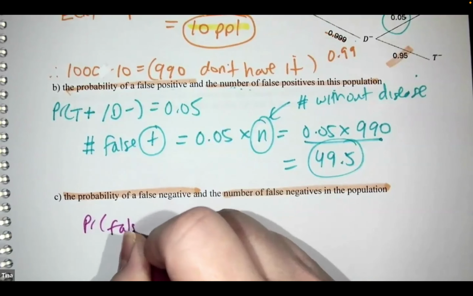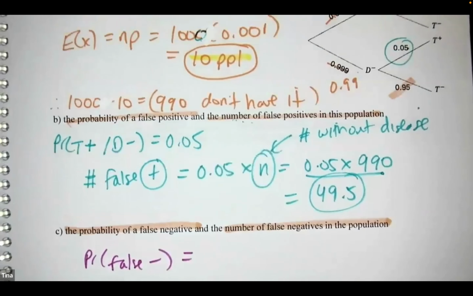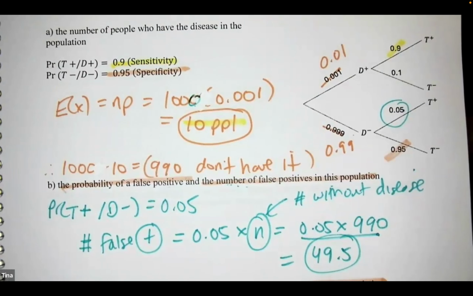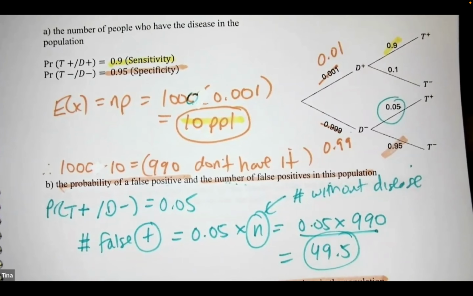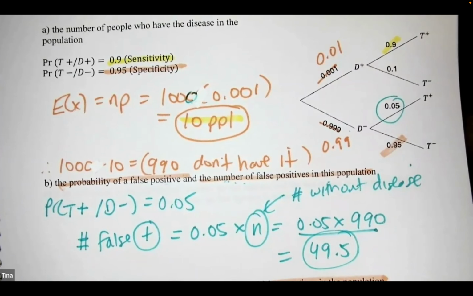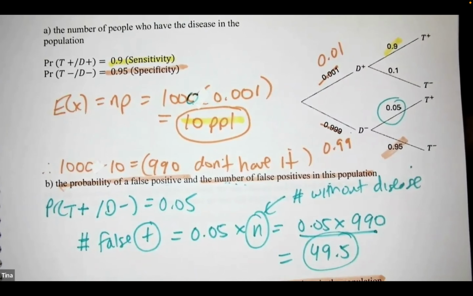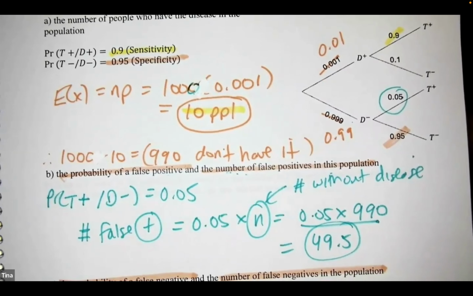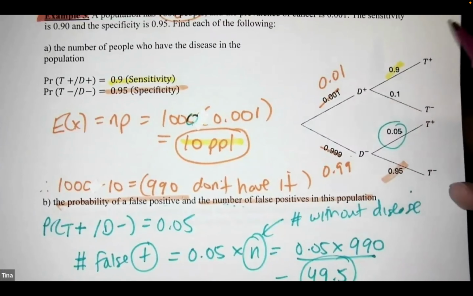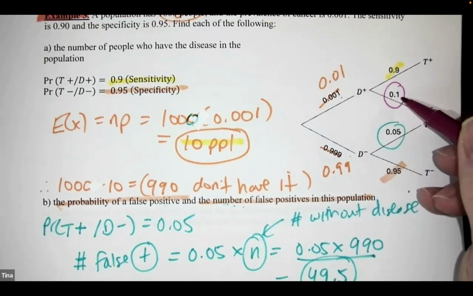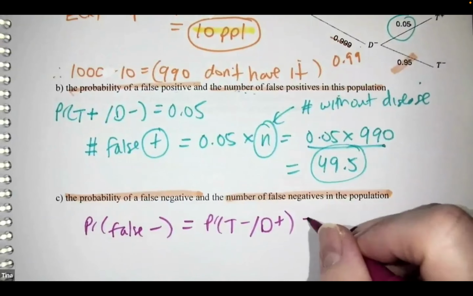Well, the probability of a false negative is what? Well, look at your numbers. What's the probability of a false negative here, guys? Look at your tree. What would it be? False negative. Well, in other words, test negative given you have it, right? So if we have the disease, here is test negative given we have it. So that's 0.1.